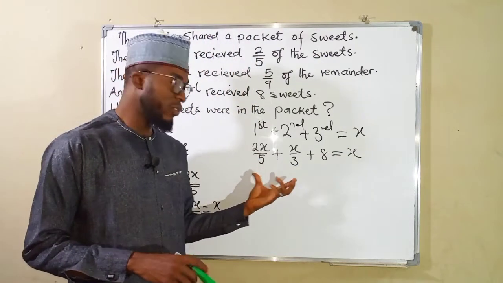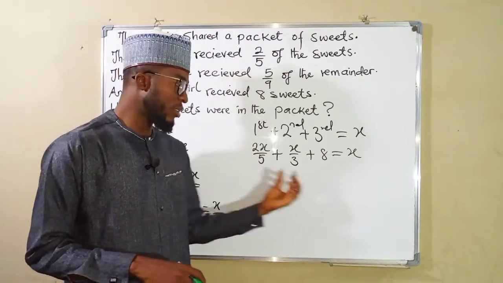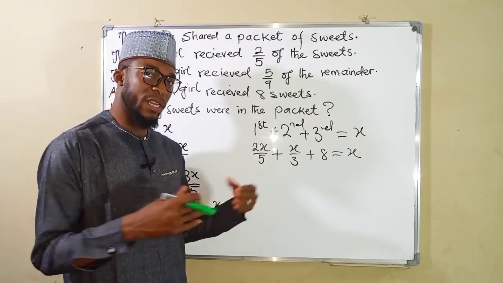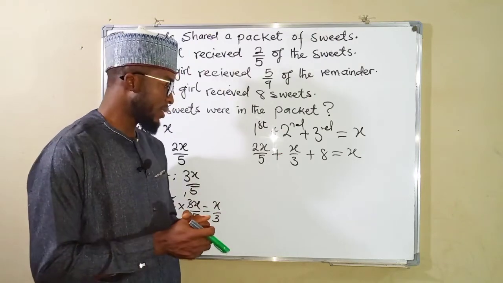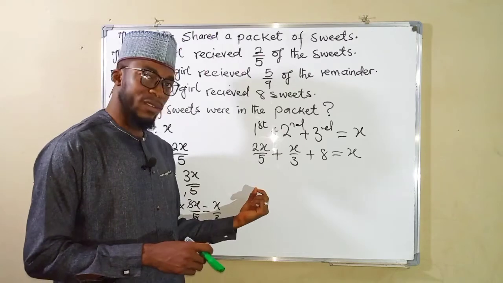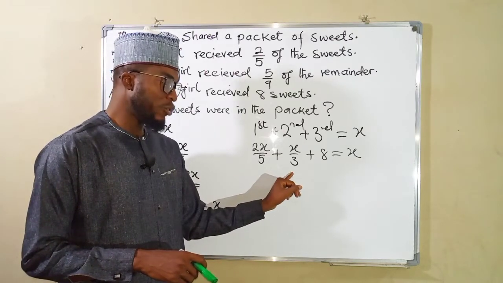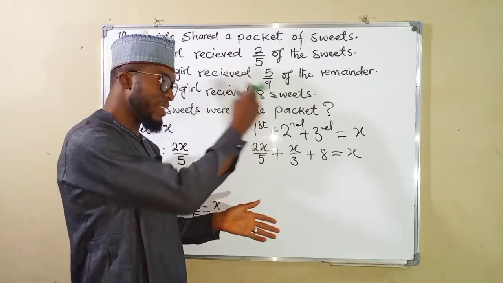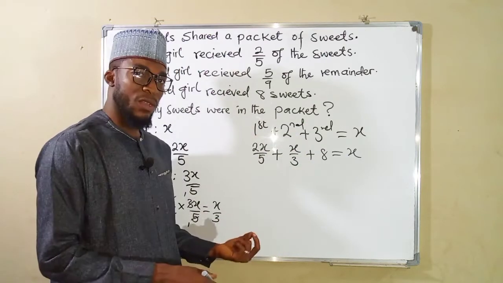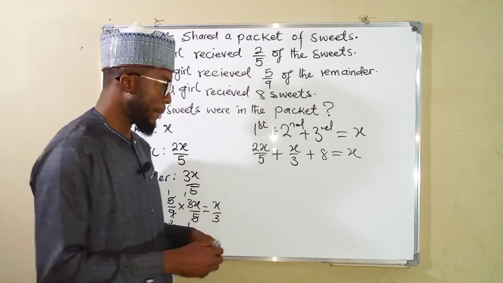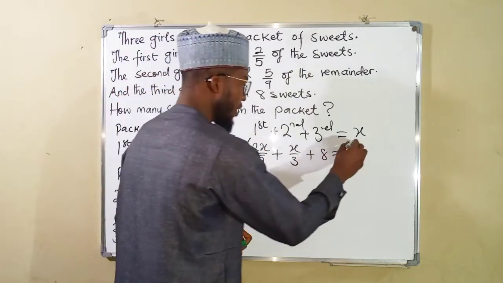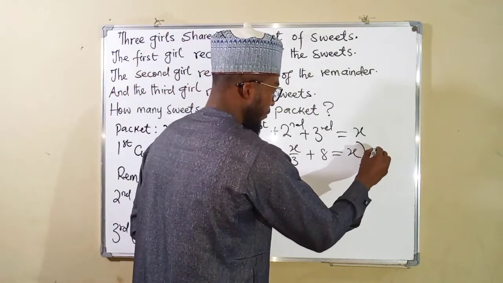Remember, the simplest way to solve an algebraic equation that contains fractions is to eliminate the fractions first. And we have 2 fractions. Their denominators are 5 and 3 respectively. To eliminate them, we need to multiply each term by their LCM, which is going to be 15. So we multiply all of this by 15.